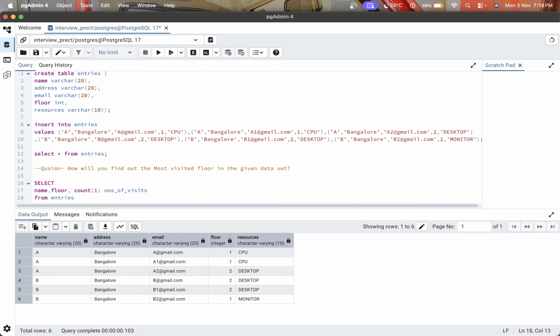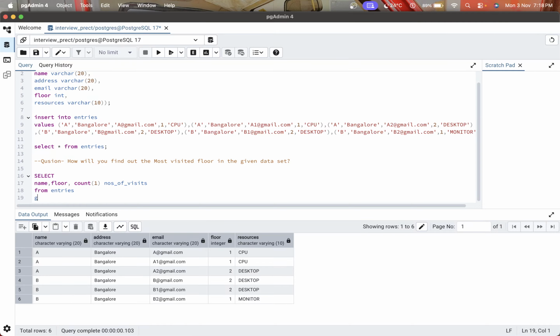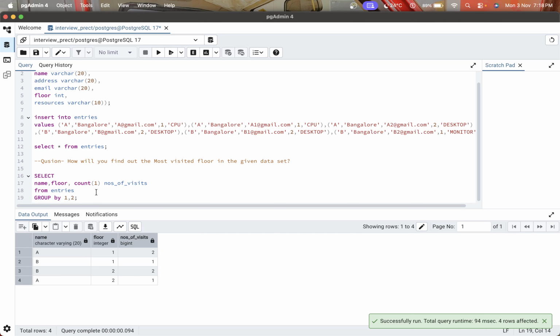That's it. And I will say group by 1 and 2. After we group by, we have the floors and the number of visits.